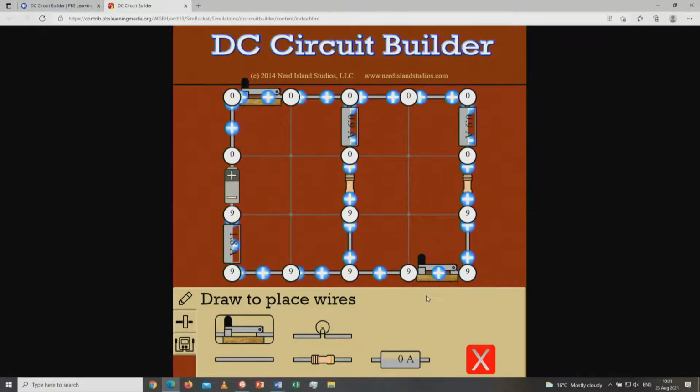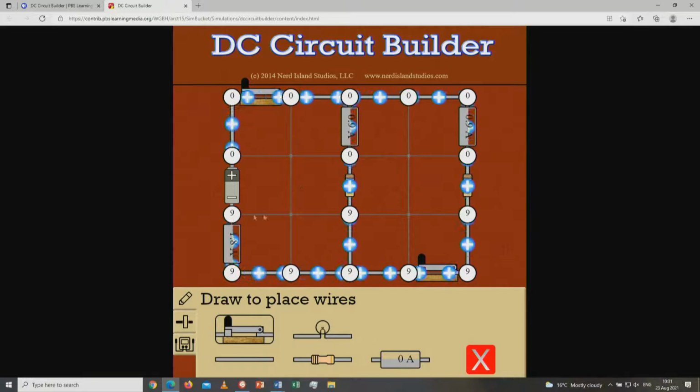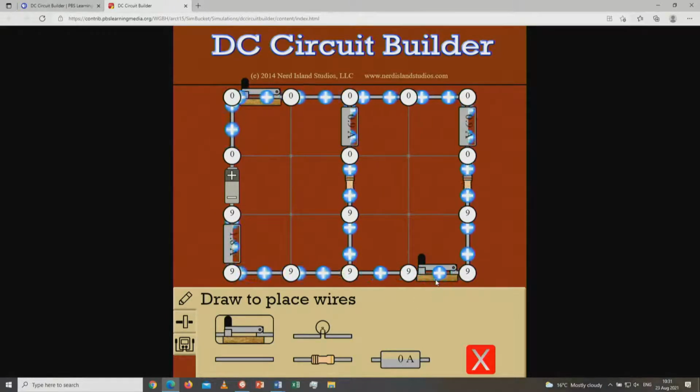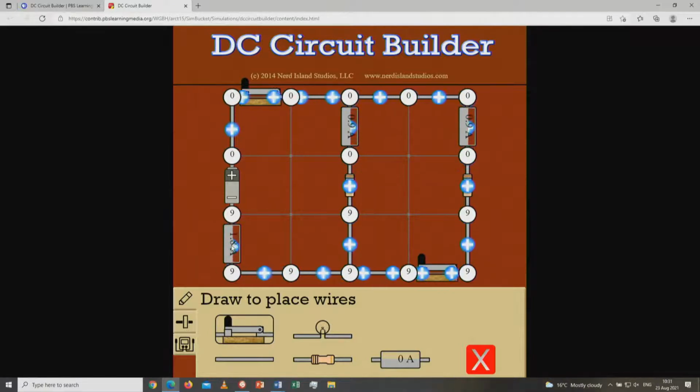So these are the current readings and the voltage readings before switch S is opened, when both switches are closed. Just take note of that. Maybe we can take them individually. Let's look at the total current when we open this switch. What happens to that total current there?